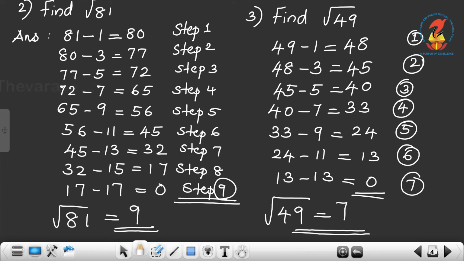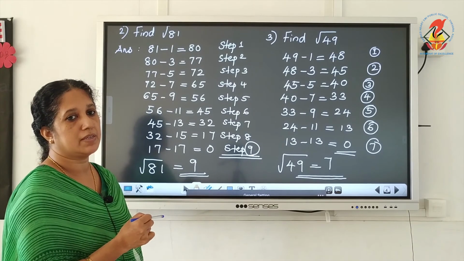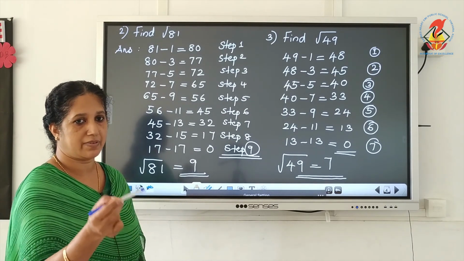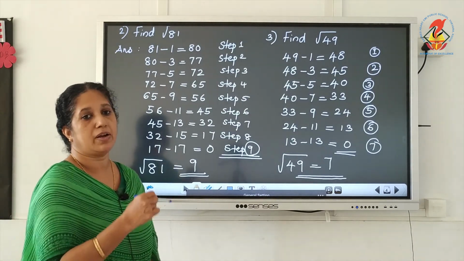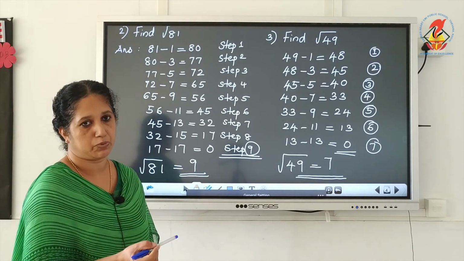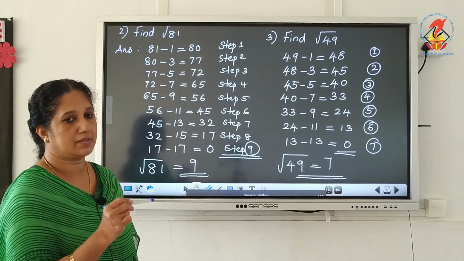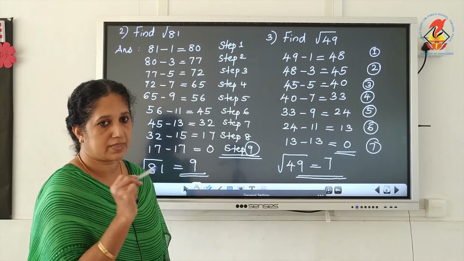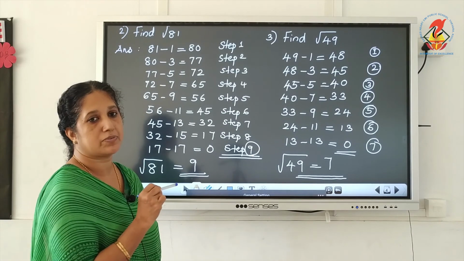So what do we do in this method? We subtract the odd numbers starting from 1, that is 1, 3, 5, 7, 9, and look at which step we get 0. The number of that step will be the square root of the given number.